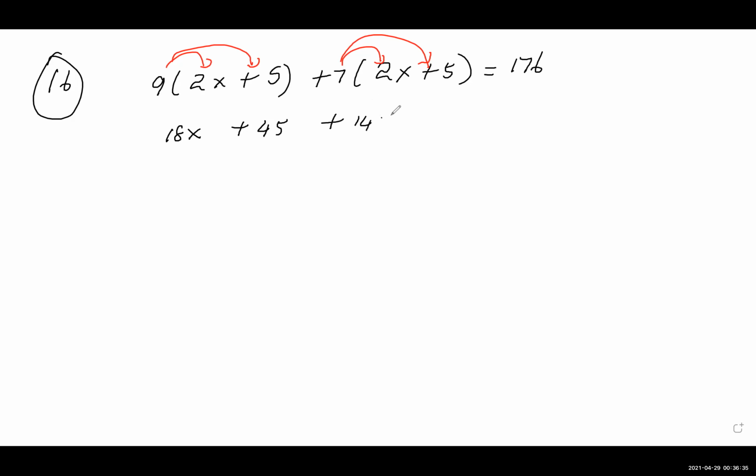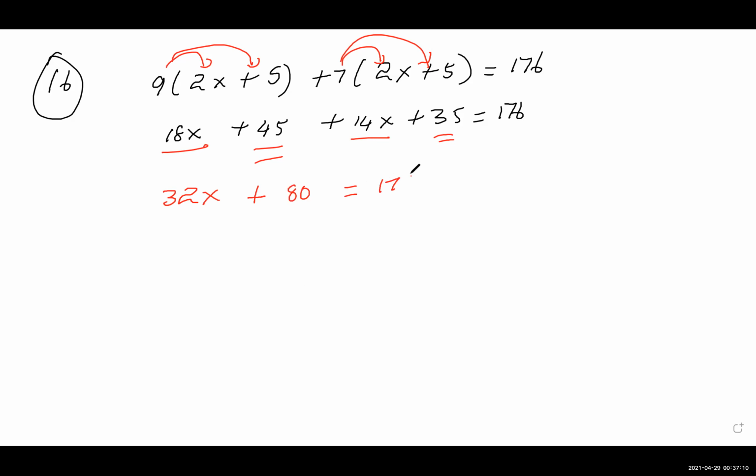Plus 14x plus 35 is equal to 176. Okay, now combine like terms. So if you add 18 plus 14, that will give you 32x. And then if you add these two together, 45 plus 35, you're going to get 80.